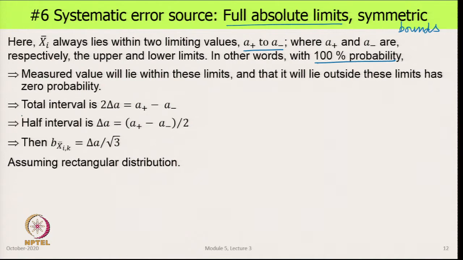In which case, the total interval is 2A, A plus minus A minus, the half width of the interval is just half of that, and if we assume a rectangular distribution, we get B_xik is delta A by square root 3. These arguments are given in the standard and also in the notes.